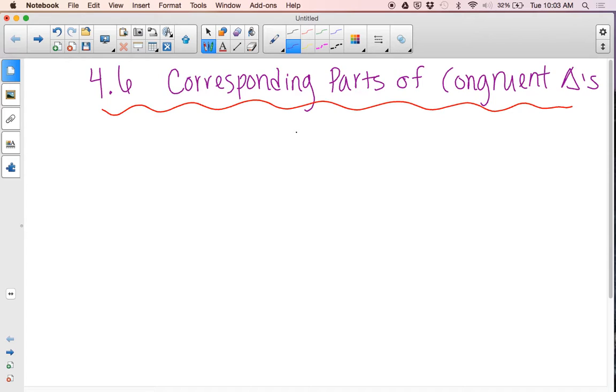So first thing I want to say is, let's say we have two triangles, triangle ABC, and I say that triangle ABC is congruent to triangle DEF. Automatically, you know that because they're congruent, they're the exact same triangle. All of their corresponding angles and all of their corresponding sides are congruent to each other.